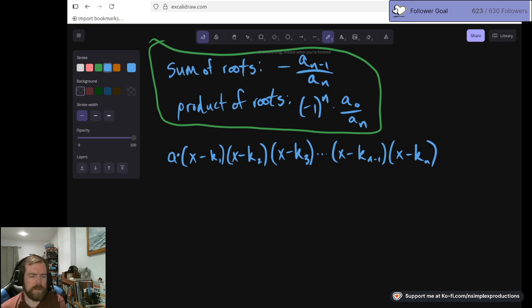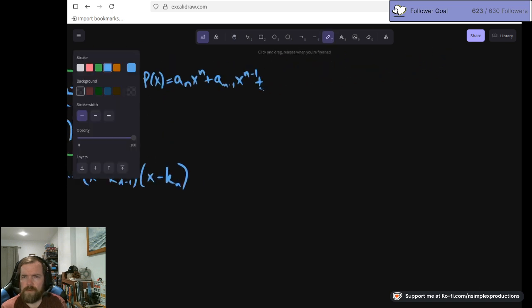So if we're trying to get the understanding of what all these terms are going to be, we said that P of x is going to be a sub n x to the n plus a sub n minus 1 times x to the n minus 1 plus dot dot dot plus a sub 2 x squared plus a sub 1 x to the first plus a sub 0.